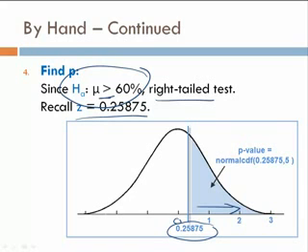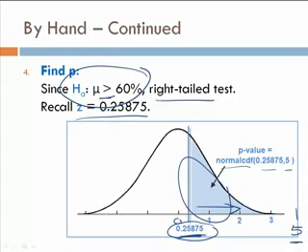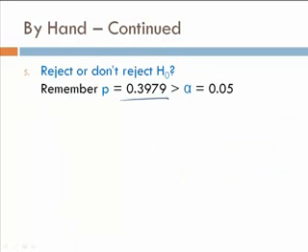And to find the area to the right, we would go out to 5 and find the area that's between 0.25875 and 5. And using our calculator's normal CDF function, that's just putting in the minimum value and the maximum value that we want to find the area between, and that will give us 0.3979.